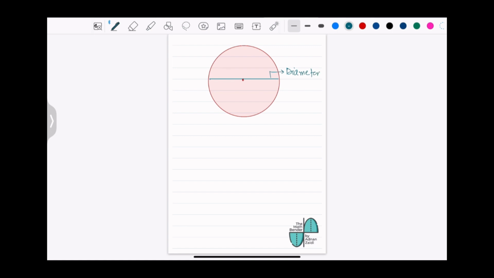Another line that passes through the center and ends at one end of the circumference, or the outline of the circle, is the radius. And as you can see, we can establish by just looking at it that 2 times the radius is equal to the diameter.